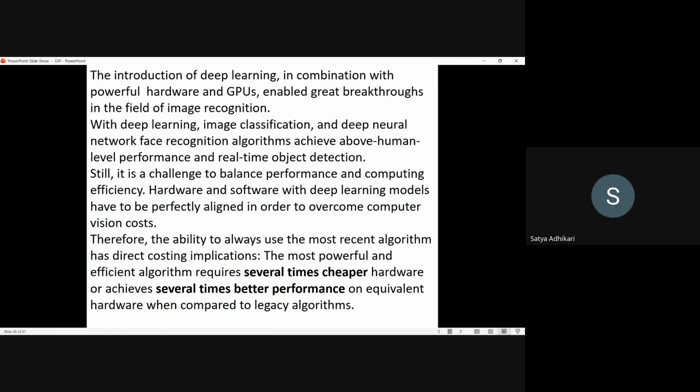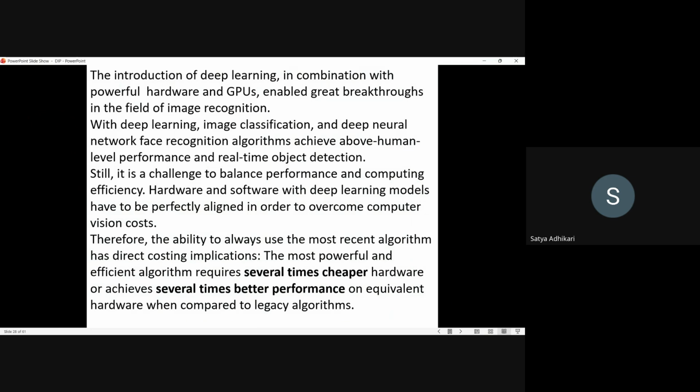Hardware and software with deep learning models have to be perfectly aligned in order to overcome computer vision cost. The cost is more, so that is why some technique should be used to reduce the cost. Therefore, the ability to always use the most recent algorithm has a direct cost application.